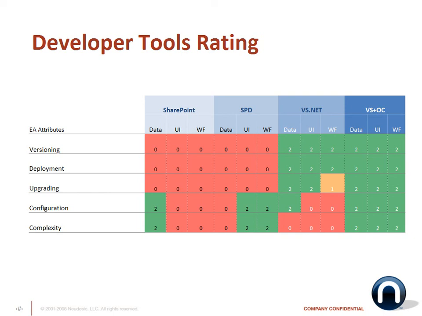And this is really where Office Canvas comes in. It's really all about making Visual Studio green, essentially, on every aspect. So in its ability to upgrade solutions and its ease of use, the complexity goes down.